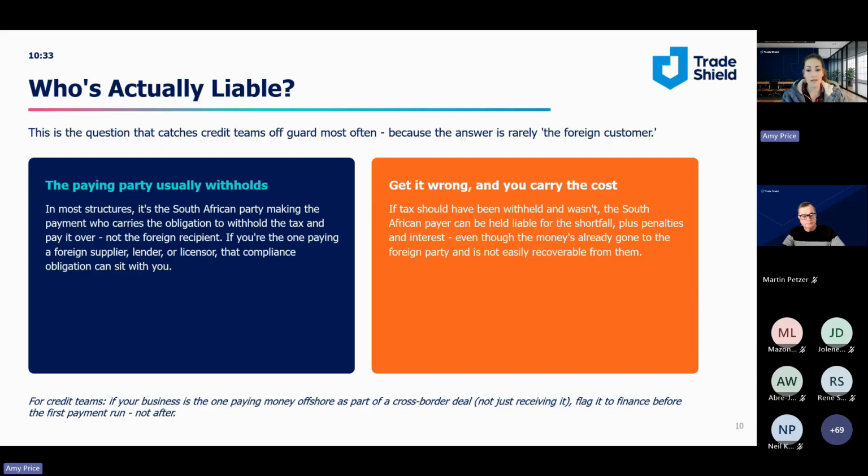Here is what I mean by this in a practical sense for you in the credit space. Most of the time, credit teams are focused on the money coming in: are we going to get paid, yes or no? In some cross-border relationships, your business is also the one paying money out to a foreign supplier. This is obviously on your procurement side and not necessarily the credit side, but even from a logistics perspective, if you're paying an international logistics company to transport your goods, you are also potentially liable for withholding tax.